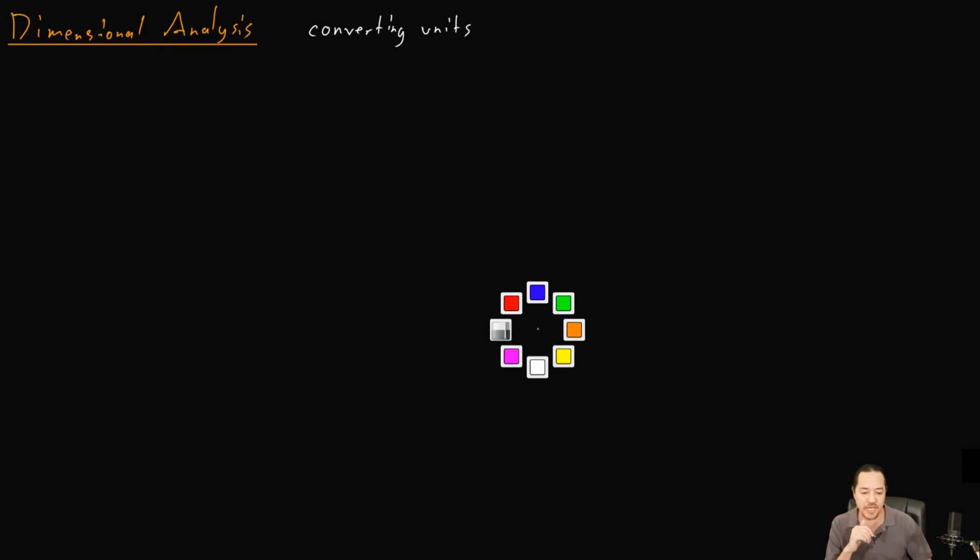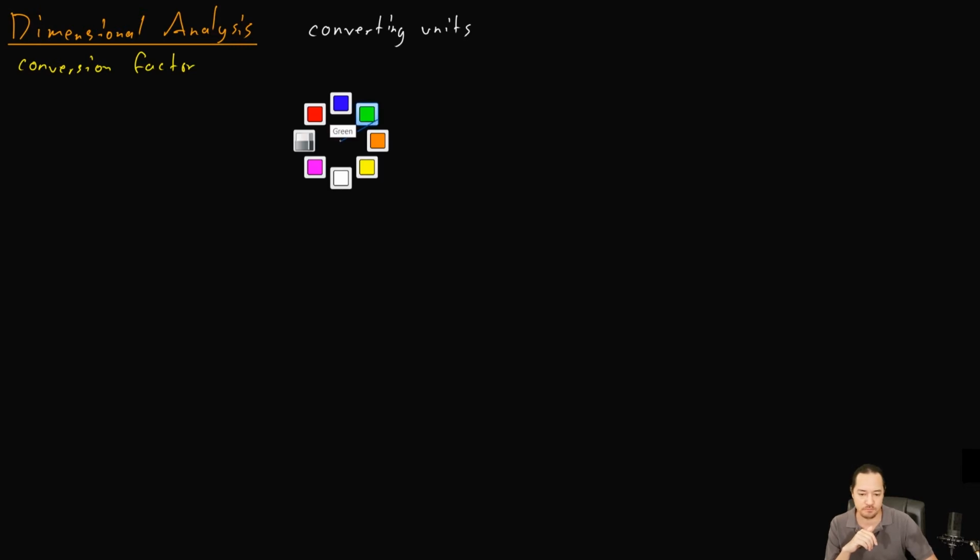Let me give you a new conversion factor here. And it's a pretty simple one. I'm just going to tell you that 1 kilogram is equal to approximately 2.2 pounds.